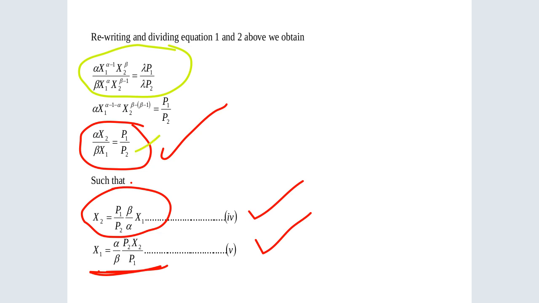From that point, then make x1 and x2 the subject one at a time. So you have made x2 the subject here. You have also made x1 the subject.